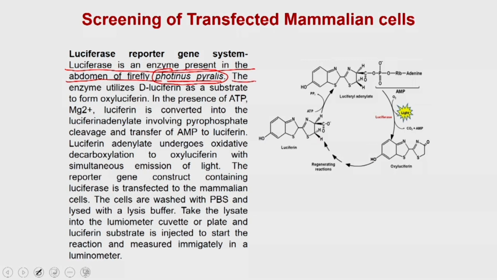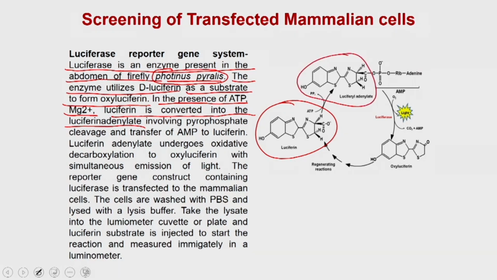The enzyme utilizes luciferin as a substrate to form oxyluciferin. In the presence of ATP and magnesium, the enzyme converts luciferin into luciferin adenylate. In this process it utilizes ATP to form PPi, and the AMP gets conjugated to the luciferin to form luciferin adenylate.